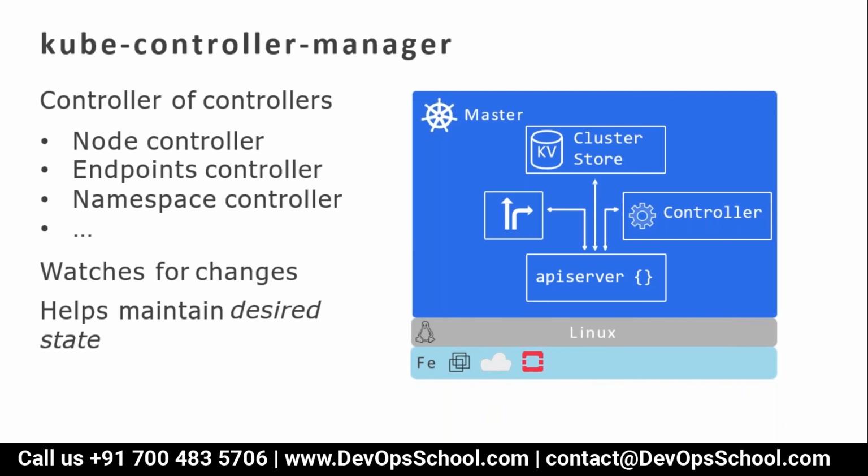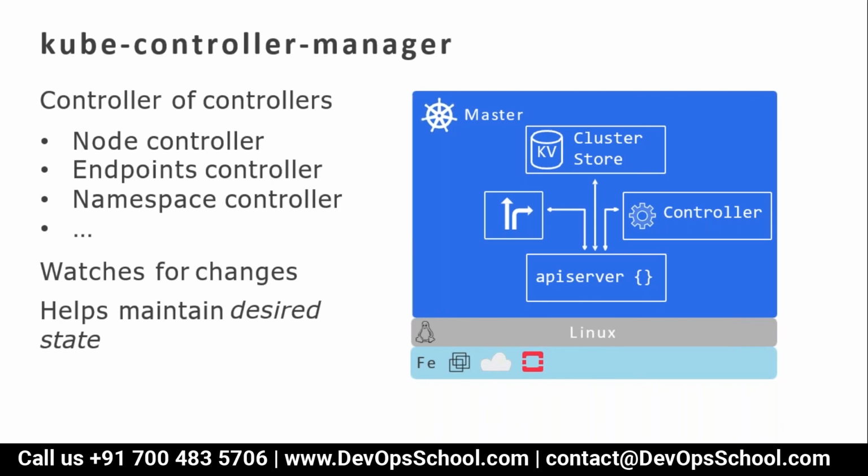So guys, what is a controller manager? Controller manager has multiple controllers. Each controller controls something, like a node controller. What will the node controller do? It checks whether a node is up or not up. Like the master manages multiple nodes, which node is connected and which is not connected is controlled by the node controller.